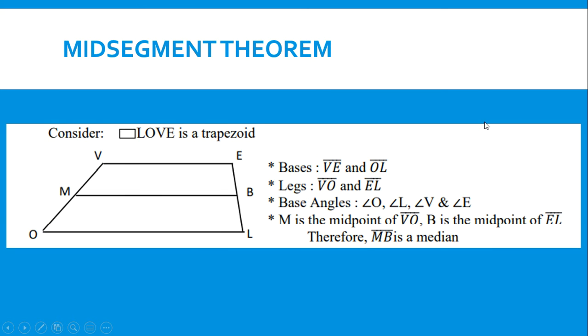So, balik na rin sa figure. MB is the median and MB is parallel to VE. MB is also parallel to OL. OL and VE are the bases of the trapezoid.